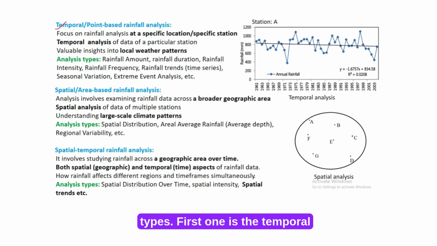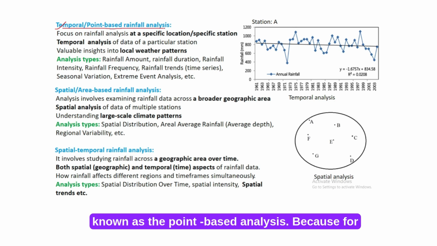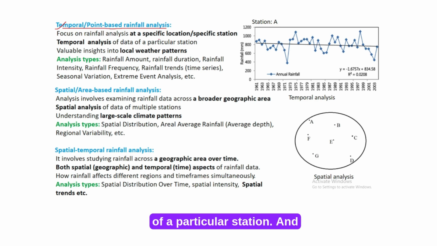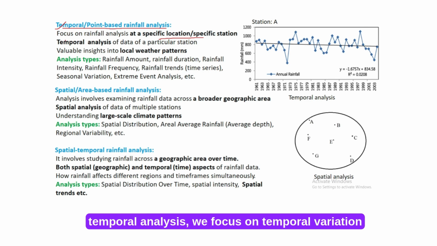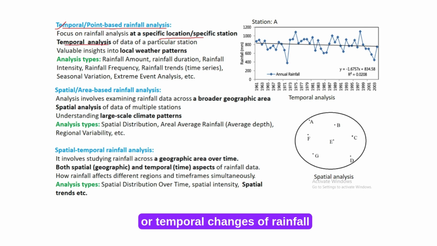The first one is temporal analysis. Temporal analysis is also known as point-based analysis, because for temporal analysis we focus on the rainfall of a particular station. This particular station is located at a point, so this is known as point-based analysis. For temporal analysis, we focus on the temporal variation or temporal changes of rainfall of a particular station.